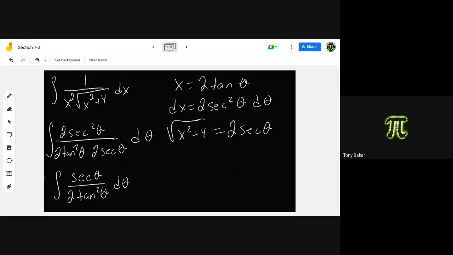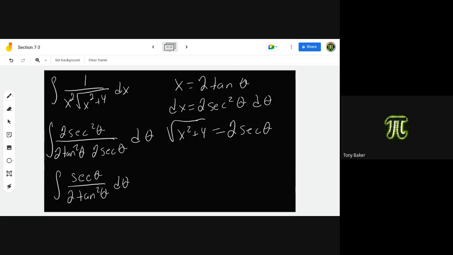All right, so if we plug everything in, 2 secant squared theta d theta, that's my dx. It doesn't matter if you write it next to it or on top. Doesn't make a difference. In this case, there's a 1 on top anyway, so if there was something else on top, just put the other thing there too. The x squared becomes 2 tangent squared theta.